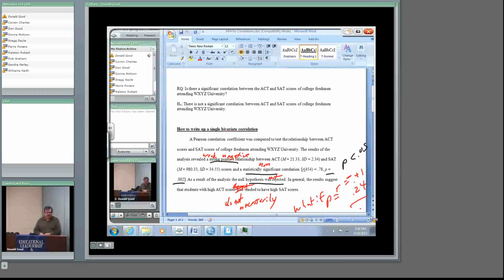Okay. Now you can write up a correlation like this with just two variables if you want to. If you want to be ambitious, let's look at the next page.